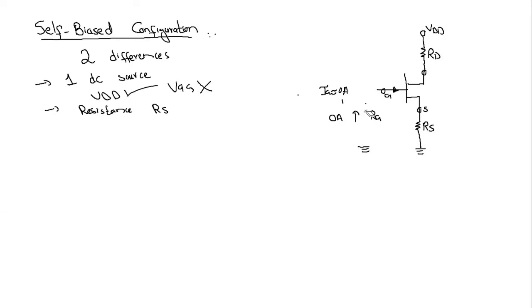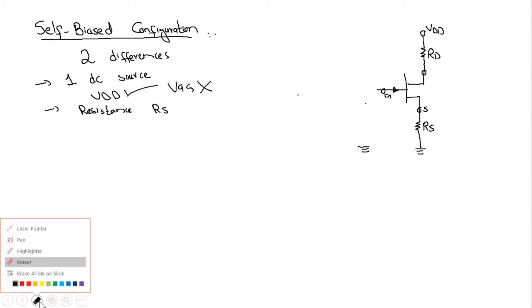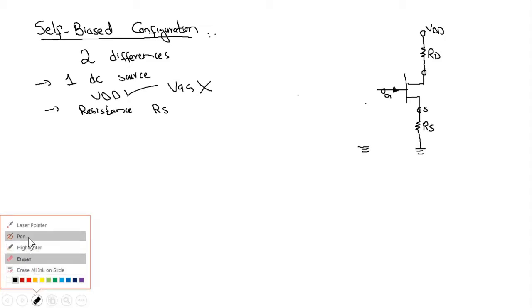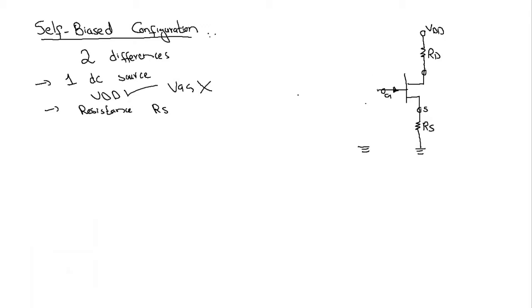I'm going to remove this. Let me remove this as well. And let me make a short circuit over here. Because these two are at the same potential, that is 0 volt, I can connect these two together, so that it's clearer.